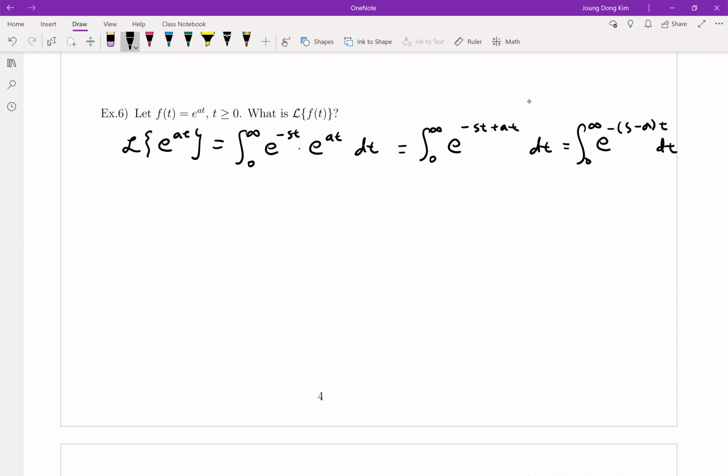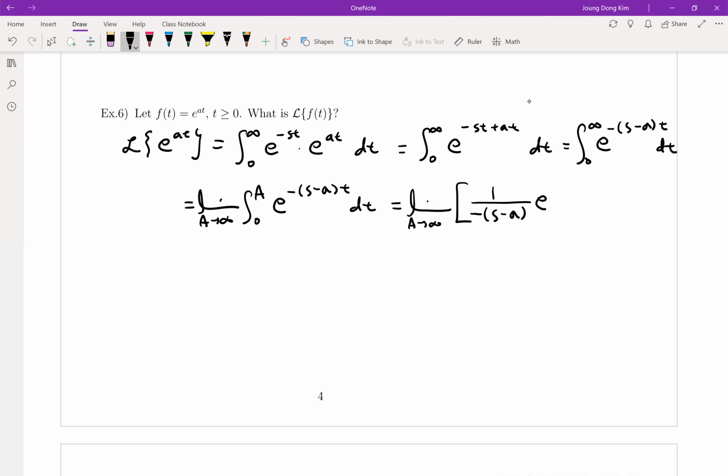Then we are ready, okay? By the definition of an improper integral, it can be written as the integral from 0 to A of e to the minus (s minus a)t dt, and send A to infinity, okay? The antiderivative of your exponential function is 1 over minus (s minus a) times e to the minus (s minus a)t, and we plug in 0 and A into t, okay?